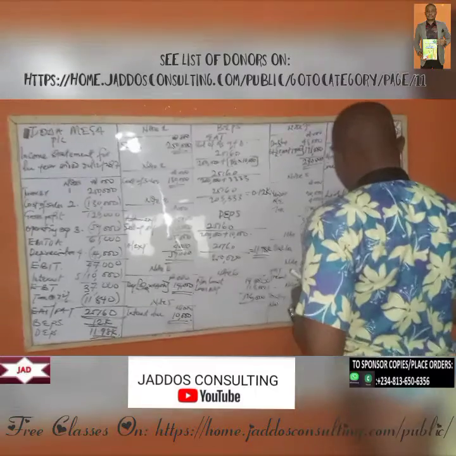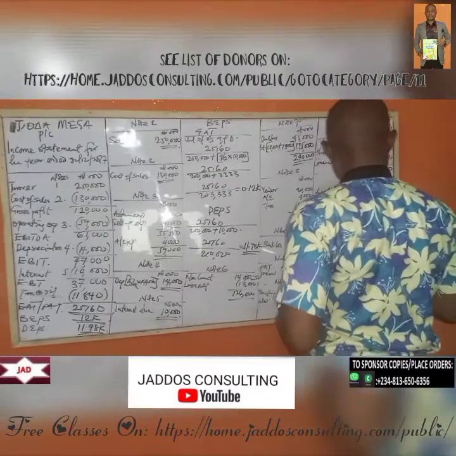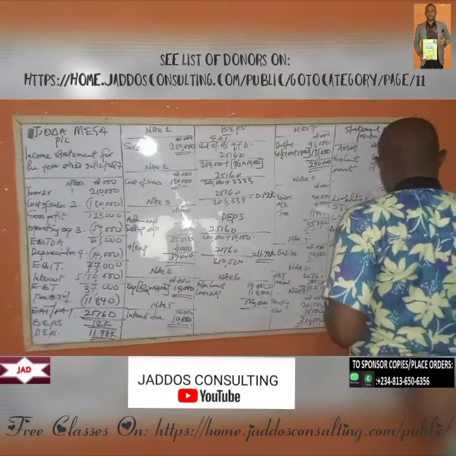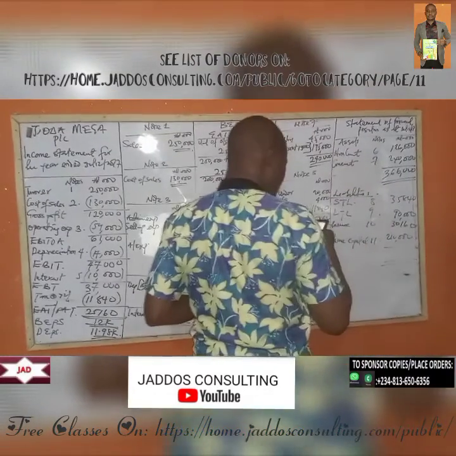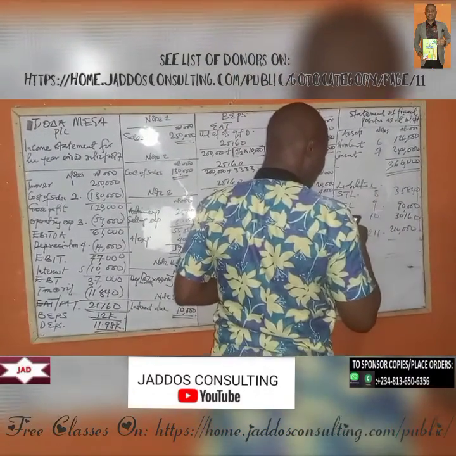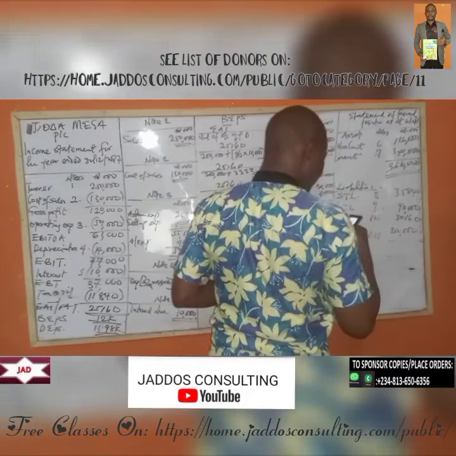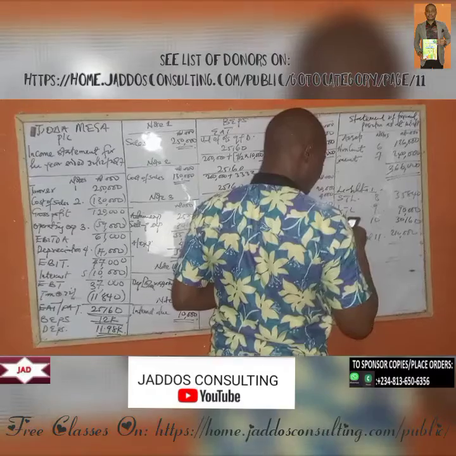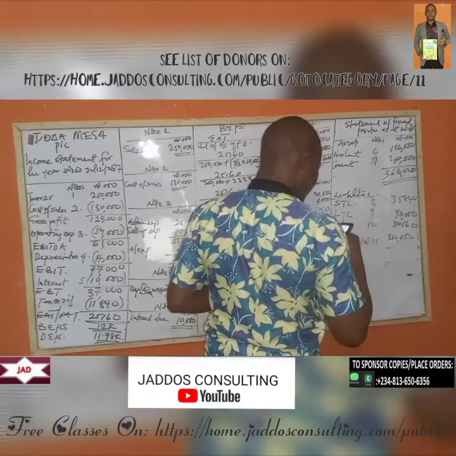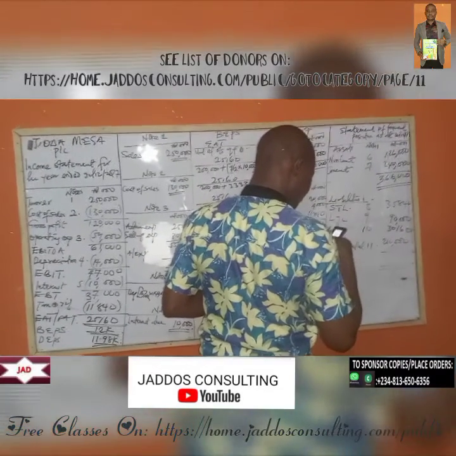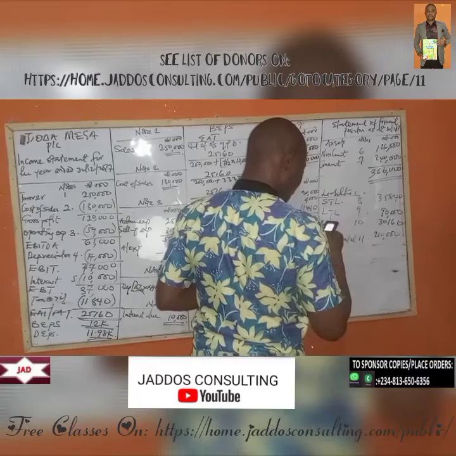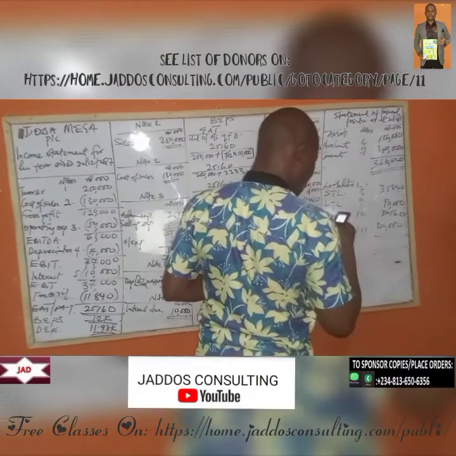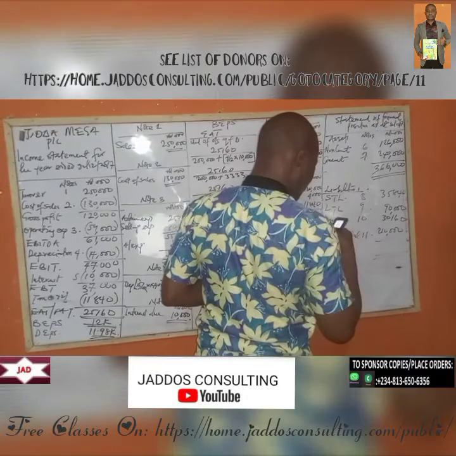So let's add up. What do we have here? 35,840 plus 90,000 plus 30,160 plus 210,000.